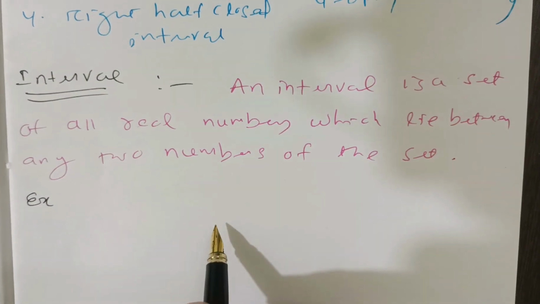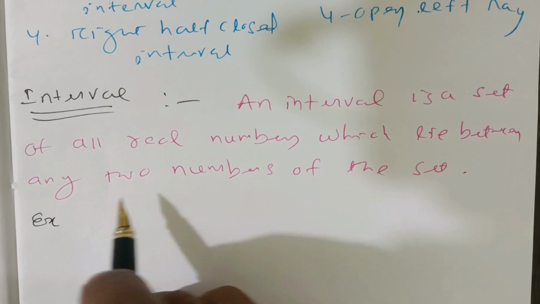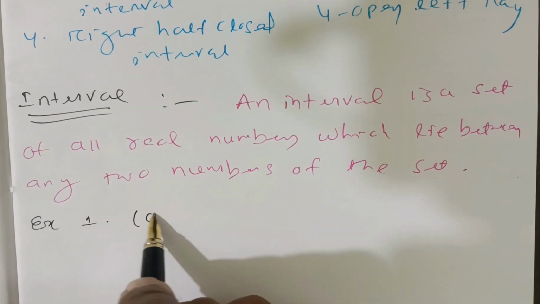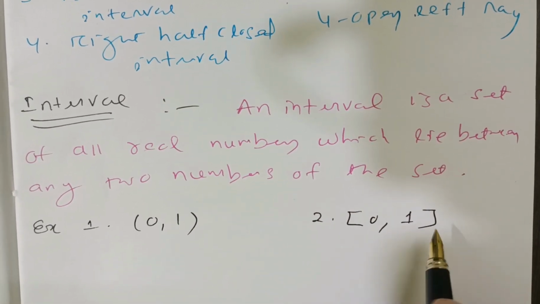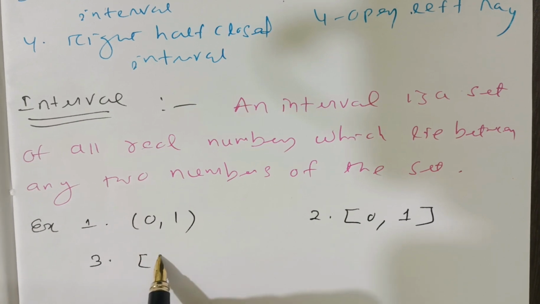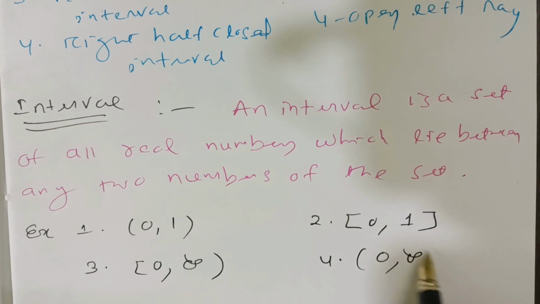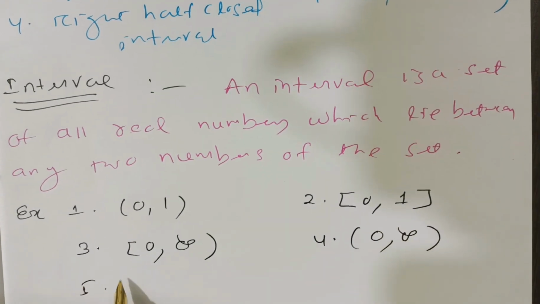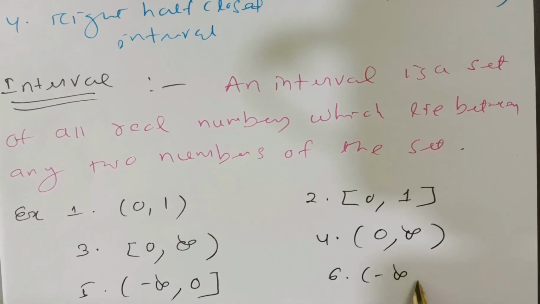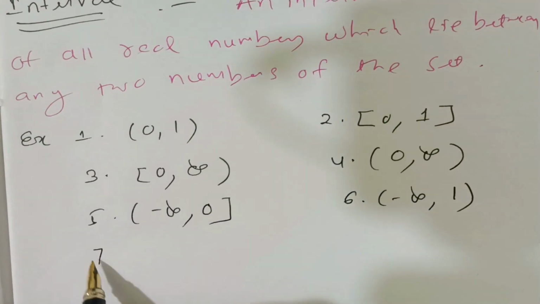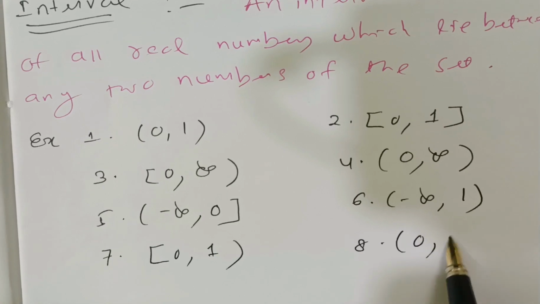Example, the closed intervals, they are, let us take some examples. 0, 1, second one is 0, 1, third let us take 0, infinity, fourth one 0, infinity, fifth one minus infinity, 0, sixth one minus infinity, 1, seventh one 0, 1, eighth one 0, 1.